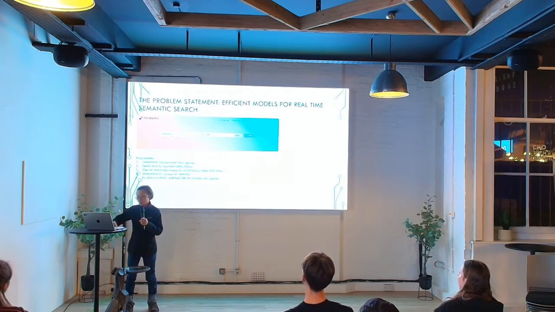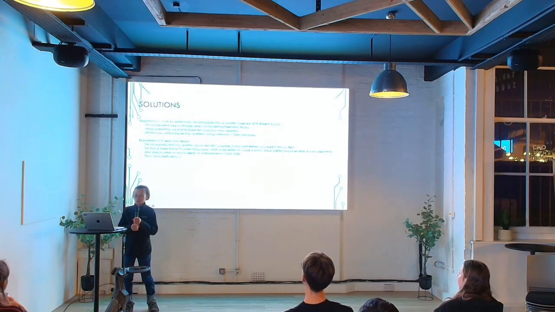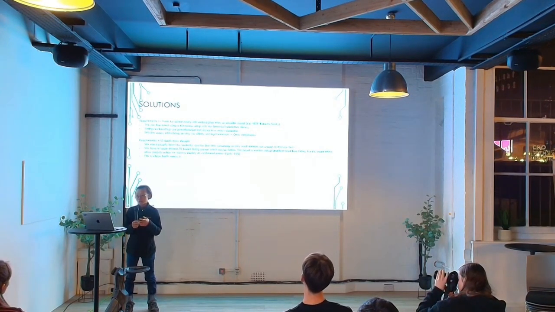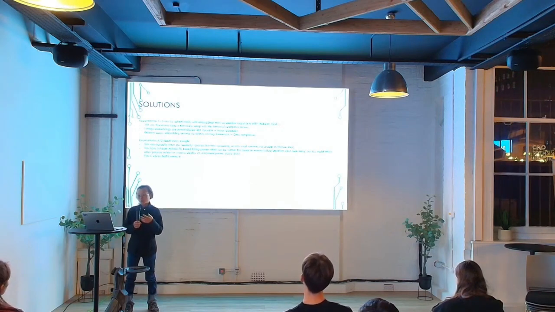In terms of the solution for requirements 1 to 3, it can be solved fairly easily with embeddings based on an encoder type model such as BERT or something from the RoBERTa family. These tend to be a lot smaller, and they can be run quite fast on even older GPUs.